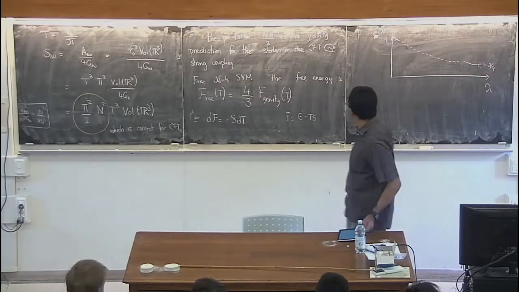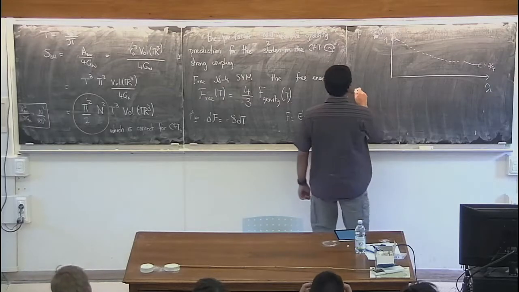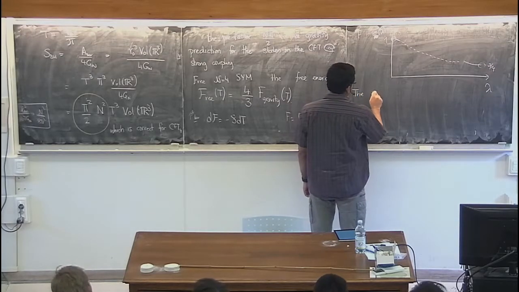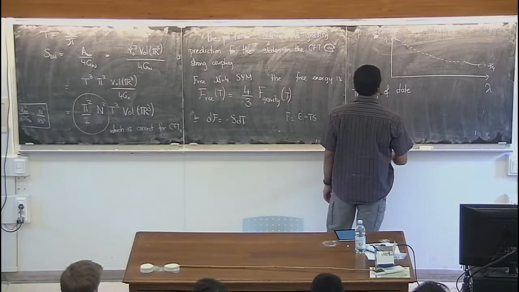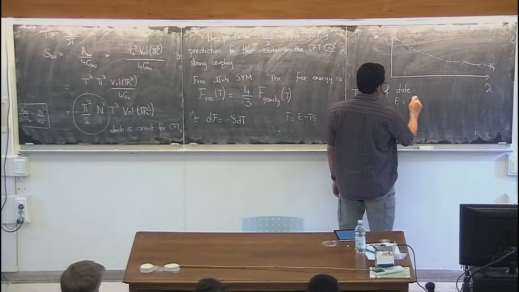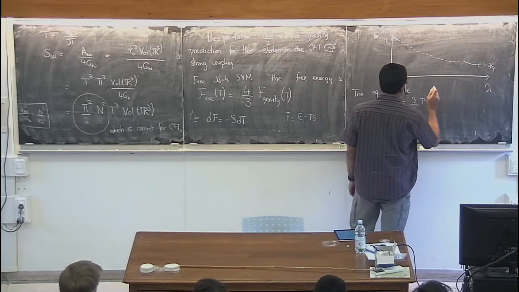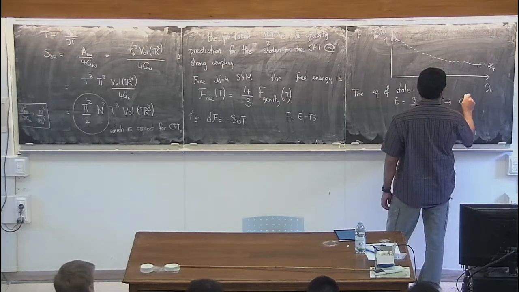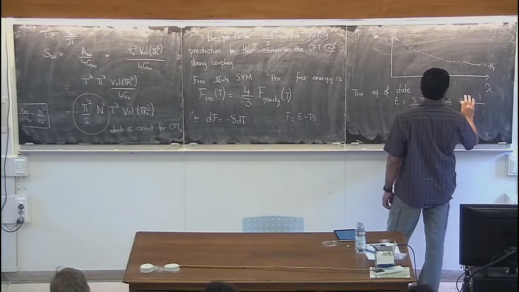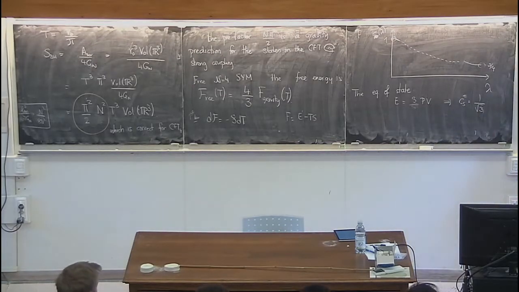You can translate this into many other statements, and I'll make one statement. The equation of state, which follows from this formula for the entropy as a function of temperature, is E equals 3 times pressure times volume, which gives the speed of sound, which is 1 over root 3, which I'll come back to later. Okay. Again, this is not a miracle.